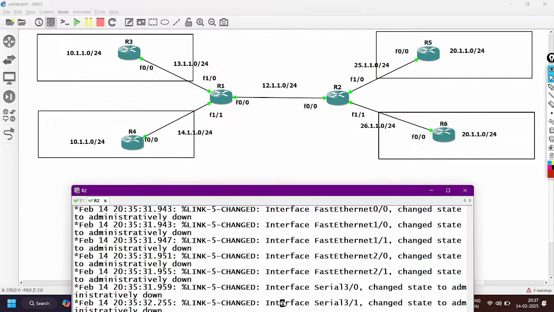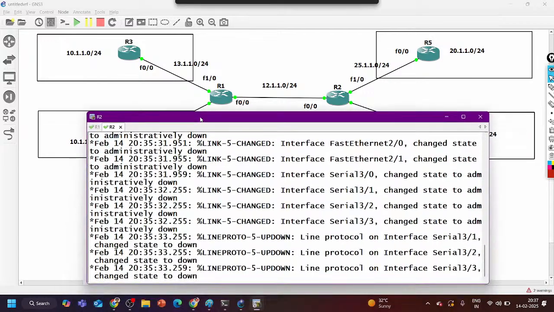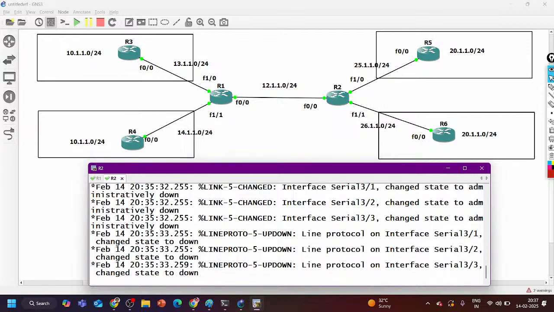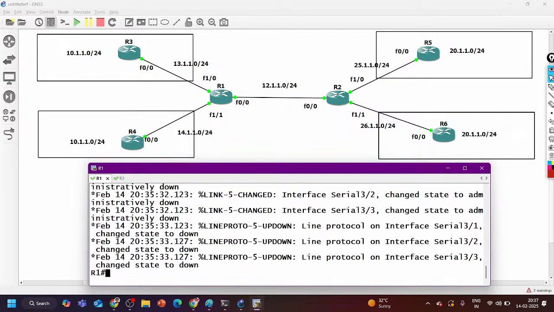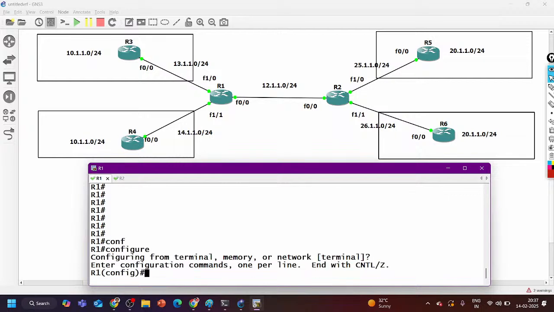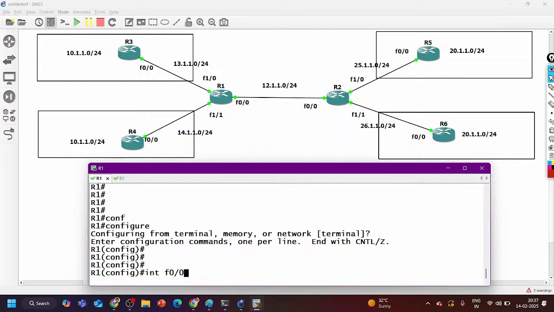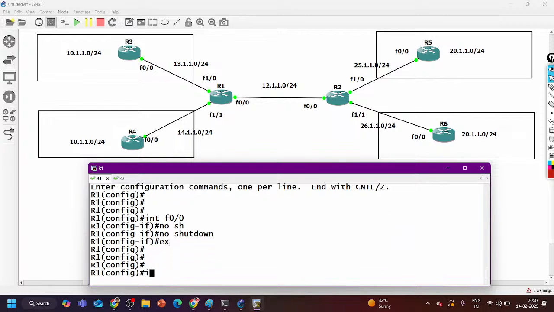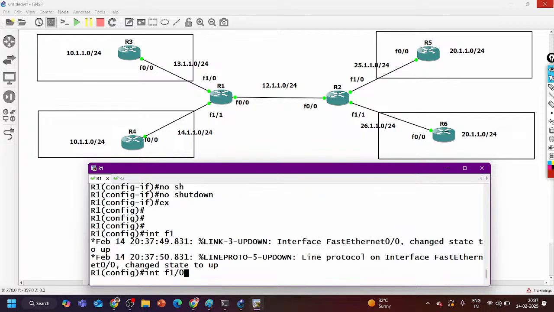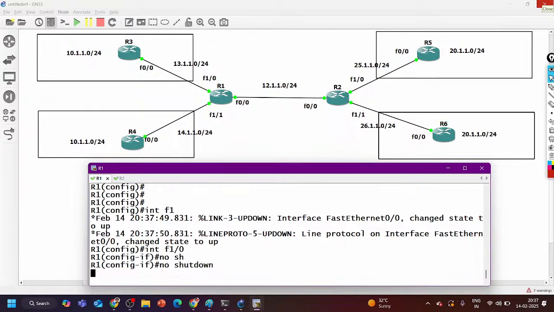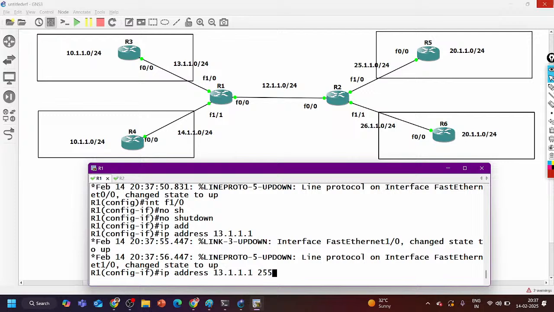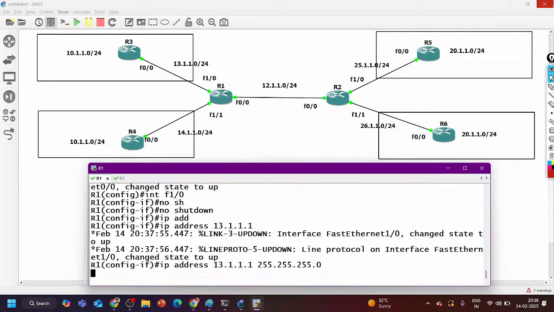Okay, let's configure the basic IP addresses first. On R1, config t, interface F1/0, no shut, IP address 13.1.1.1 255.255.255.0, exit.